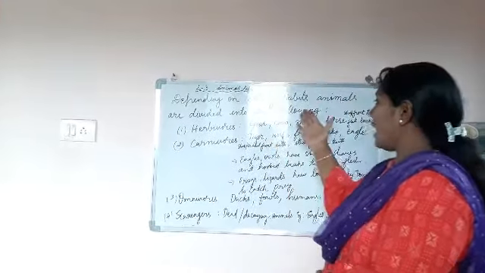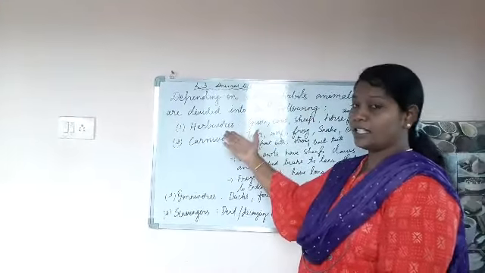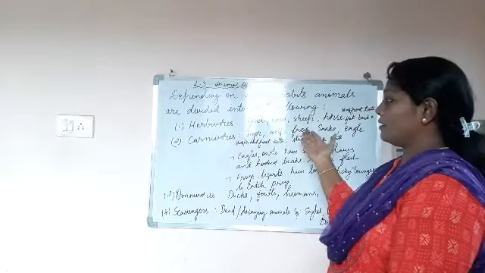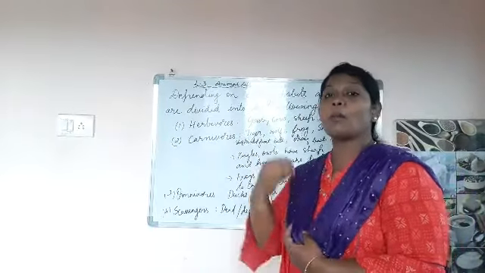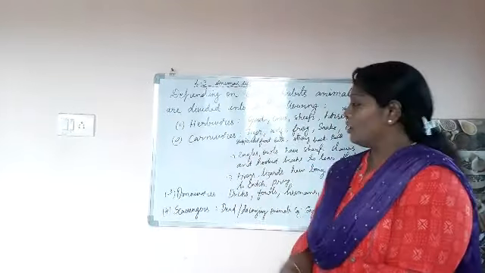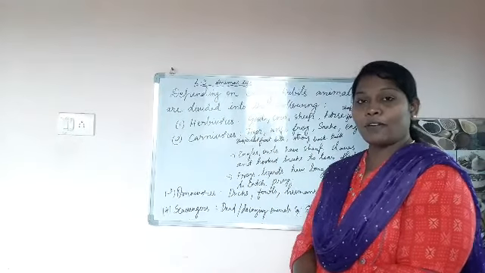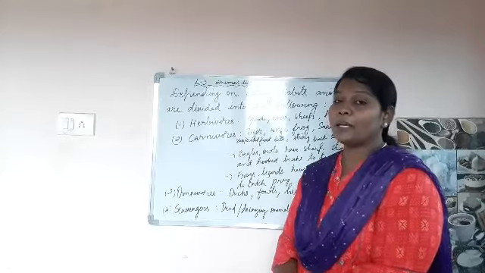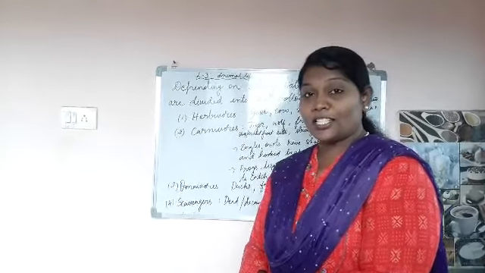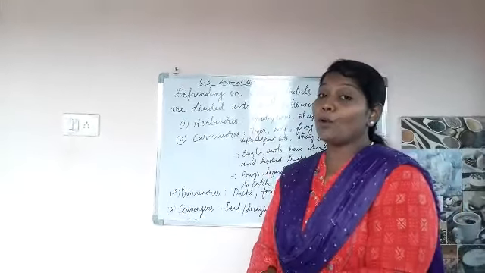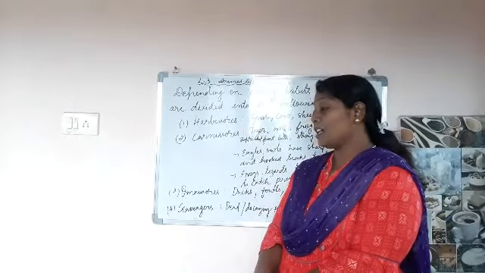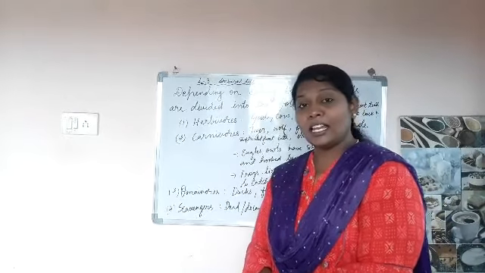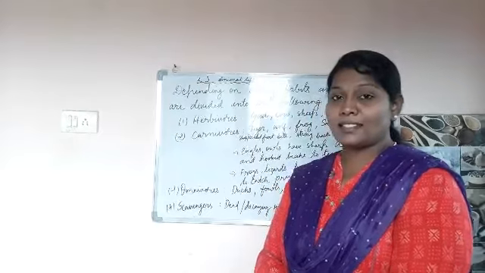Depending on eating habits, animals are divided into the following. So, depending upon what they are eating, we can see 4 groups of animals. The first group is herbivores. What it is, children? Herbivores. We have learned about these things in our earlier classes.